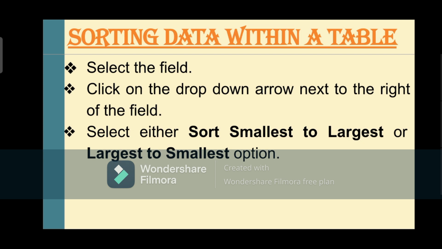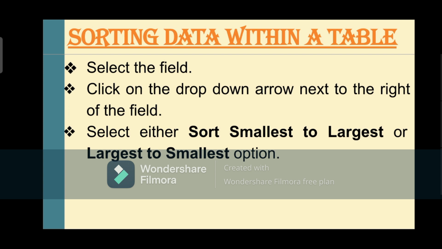Sorting data within a table. If we want to sort data within a table, then how will we do that? So very first I am going to explain what sorting is. Sorting is a process by which we can arrange the data in ascending or descending order, increasing or decreasing order, smallest to largest as well as largest to smallest.